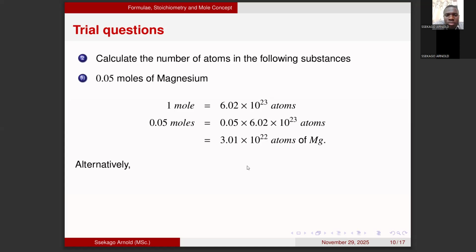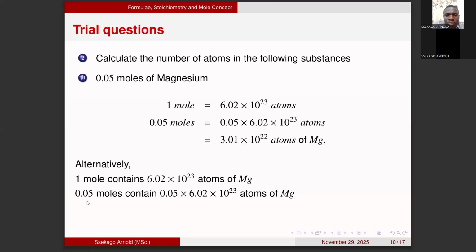Instead of saying 1 mole is equal to 6.02 times 10 power 23 atoms, for the technical approach, we shall say that 1 mole contains 6.02 times 10 power 23 atoms of magnesium. Then we shall say, what of the 0.05 moles?